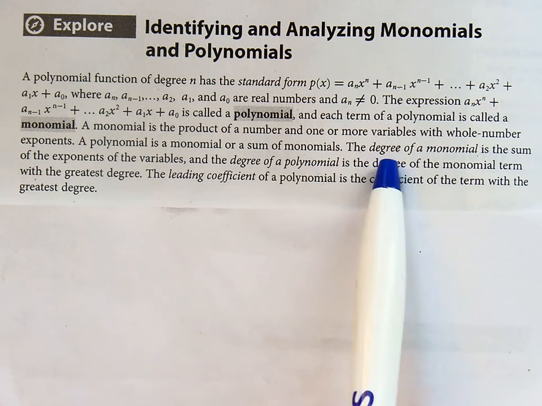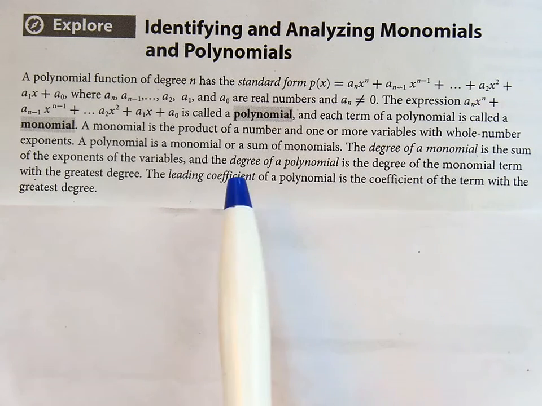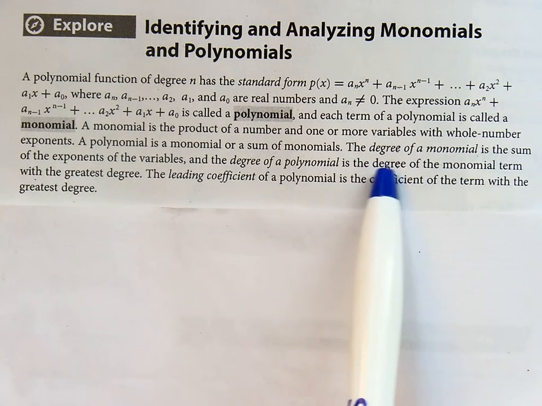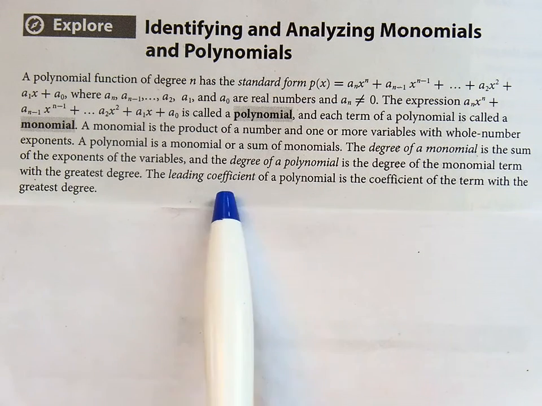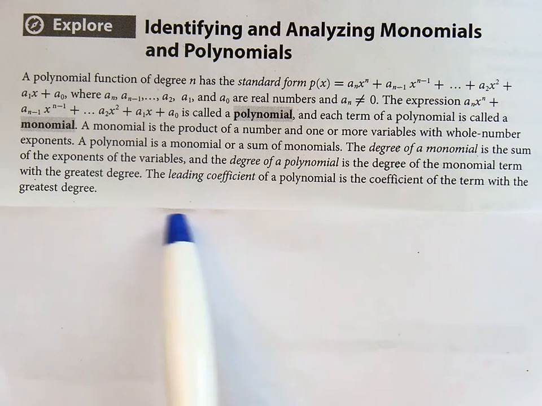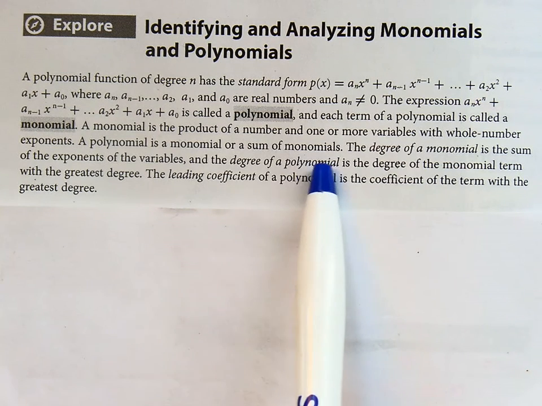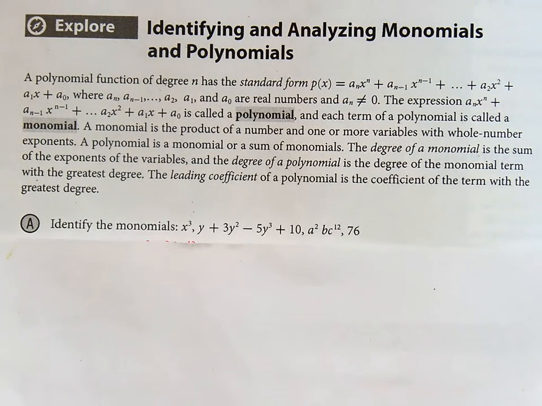Okay, so it's kind of like championships. Each one you add up, and if you have a group of them, whoever has the largest one is the degree of the polynomial. The leading coefficient is the coefficient of the term with the greatest degree. Okay? So let's see this in action.